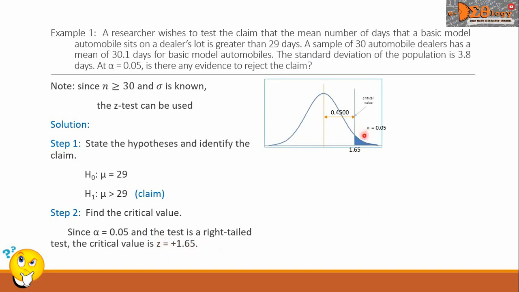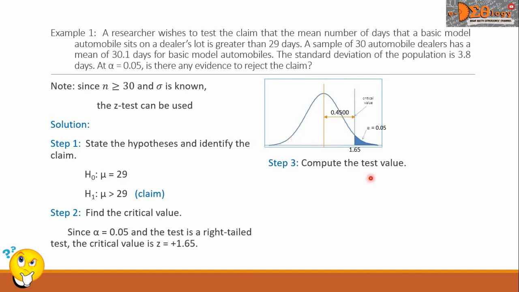To illustrate, the alpha is the 0.05, that is the area of the critical region. This critical value is the 1.65. And this critical value separates the critical region from the non-critical region.